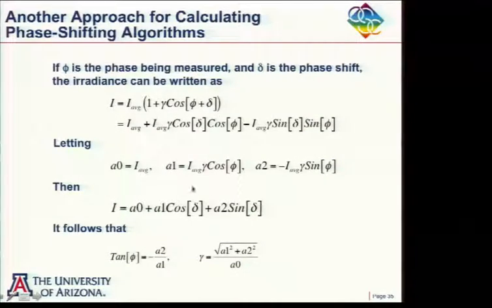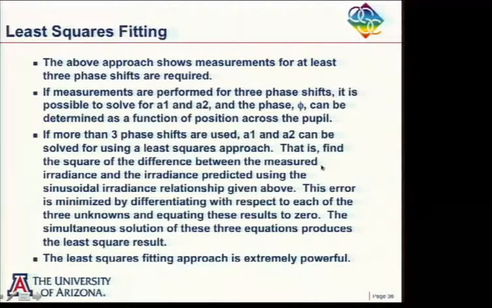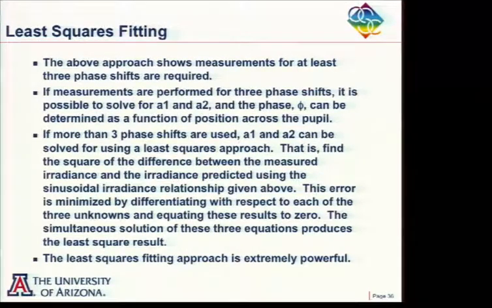So we have our equation here, and we're going to measure the irradiance. And then we're going to take the difference between the measured and the equation, and find the square of the difference.